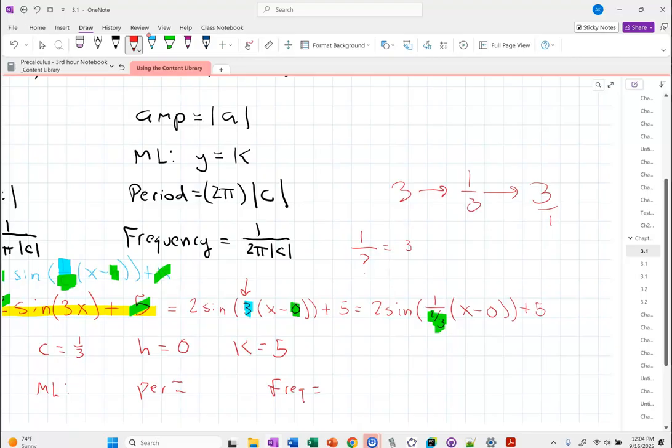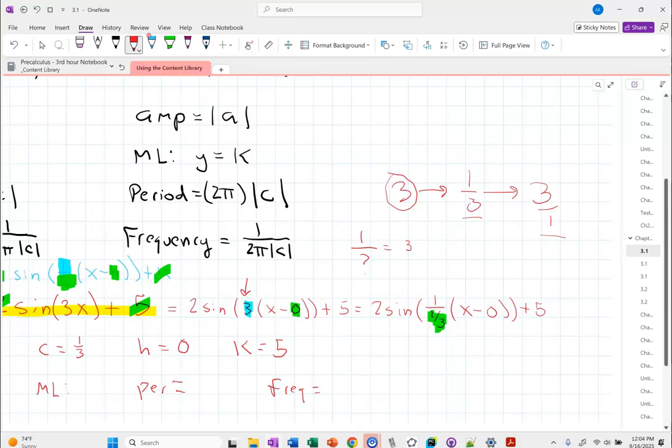I observed before that if I take a number, make its reciprocal, and then make its reciprocal again, nothing has changed, right? So that's what I did. I've taken the reciprocal, so I have 1 over something. And the reciprocal of 3 is 1/3. So if I write 1 over 1/3, that's the reciprocal of the reciprocal, which is doing nothing at all to the 3. Does that make sense? And I'm going to do that every single time for my C.